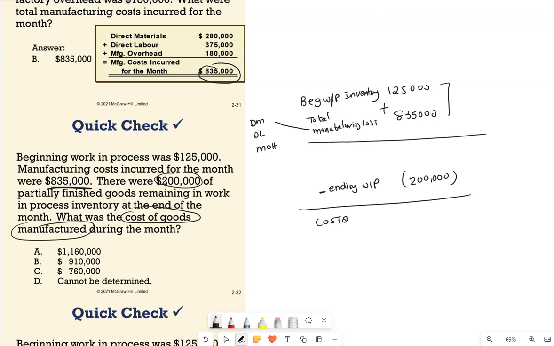If I add these two numbers together, I will get 960,000, and I subtract my ending work in process, which will give me cost of goods manufactured. If I take them away from each other, that will be your 960,000, and that should be the answer C.